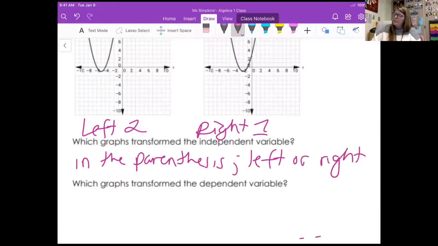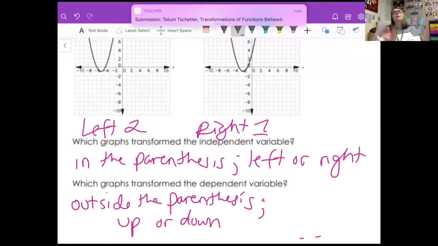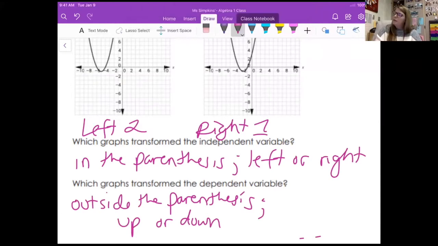And if you are dependent, you are outside the parentheses, and that's going to move your graph up or down. So independent is X, left and right axis, moving it left and right. Dependent is Y, up or down, which is the dependent variable, the Y, up, down, the Y axis.